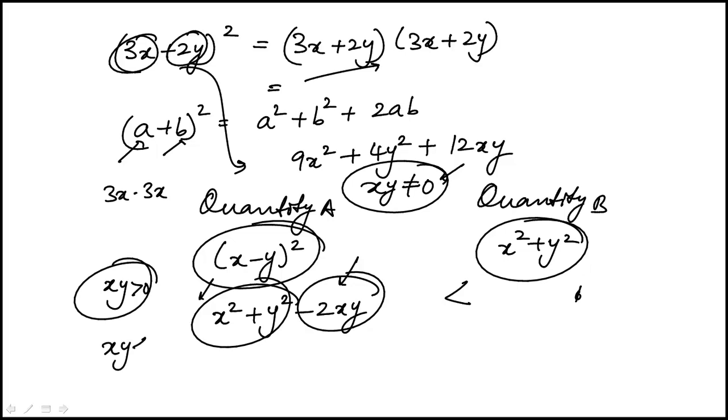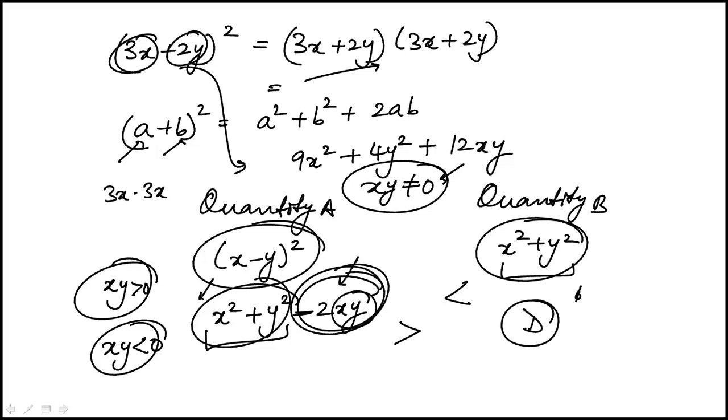But if xy is negative, and that can happen if one is positive and the other is negative, this piece remains the same, but this is now positive because we have a minus and xy itself is negative. Now quantity A becomes bigger. So in this case, we don't have enough information. You can certainly do this problem using examples as well. That would be another strategy, but it's easier when you're using this general logic.